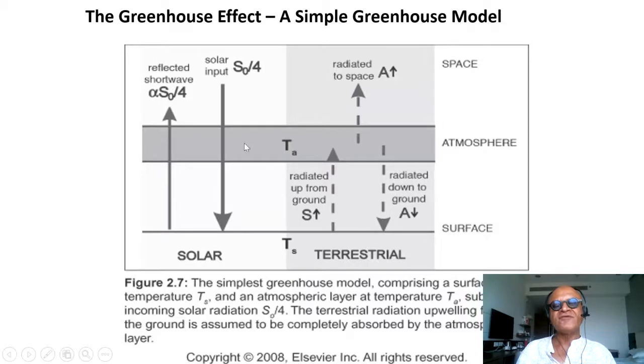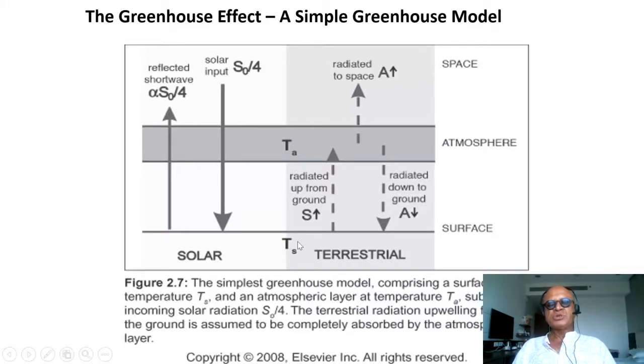We put in, for simplicity, one atmospheric layer, which absorbs the outgoing long wave from the surface, which is generated by the heating from the short wave. Just listen carefully and look at it. It's a very simple linear calculation.